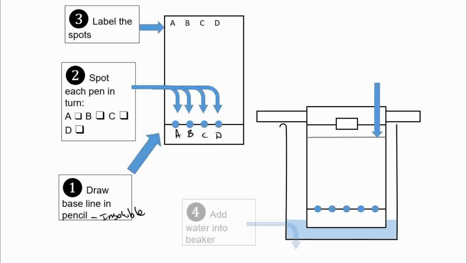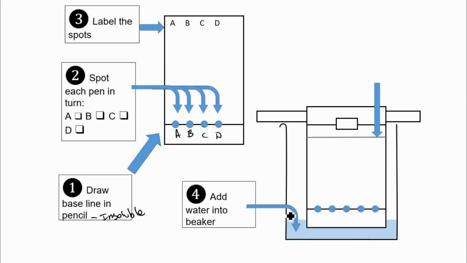Then you add the paper to your solvent. In this case, our solvent is water. Please note that the baseline is above the liquid. Because the baseline is above the liquid, it prevents the dyes from being washed away.